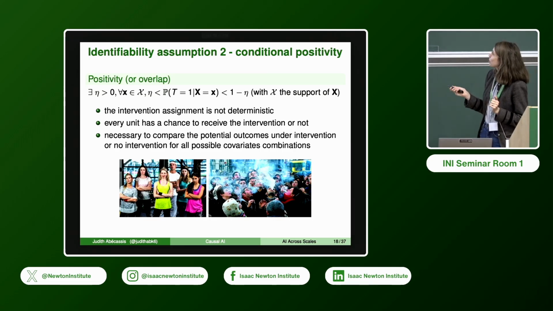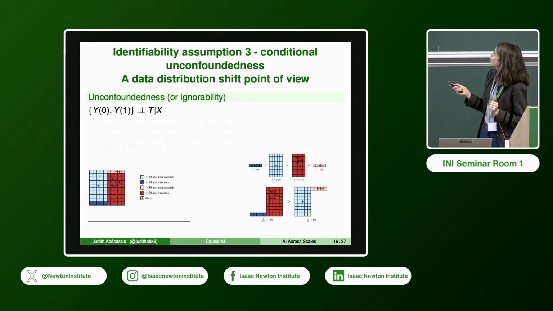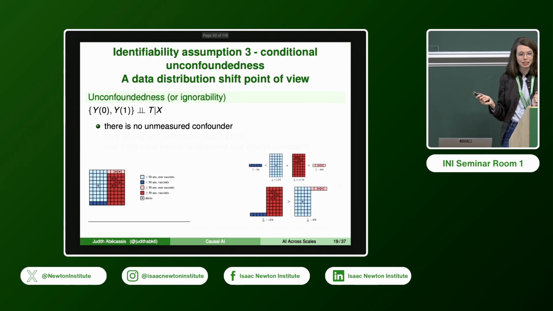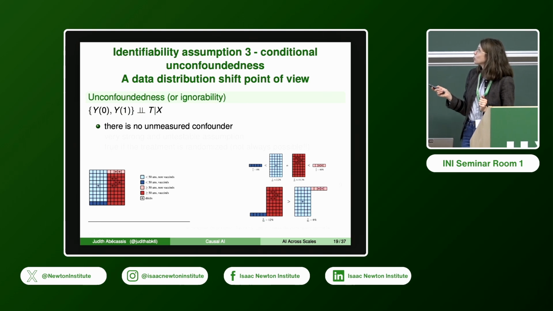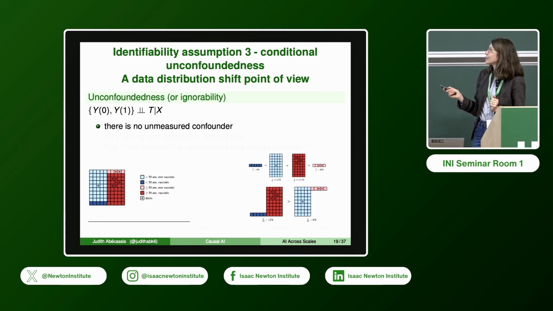The second assumption is conditional ignorability, or conditional unconfoundedness. So again, we have that the potential outcomes are independent of the treatment assignment, again conditional on the covariates. Intuitively, it means that any factor that would break this independence assumption is adjusted for.